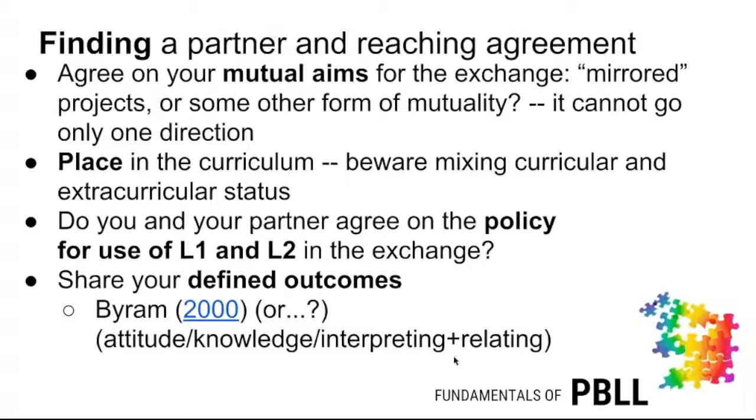So whereas before the exchange, the student might have accepted the New York Times article uncritically, as a result of participating in the exchange, the student became aware that the New York Times doesn't have the last word on French culture. It needs to be placed in perspective. It needs to be interpreted. And so that skill of media criticism came to that student as part of the exchange. If that was one of the defined outcomes, it was definitely achieved.